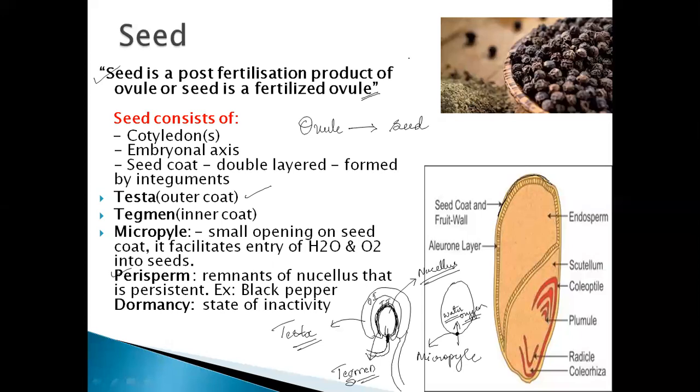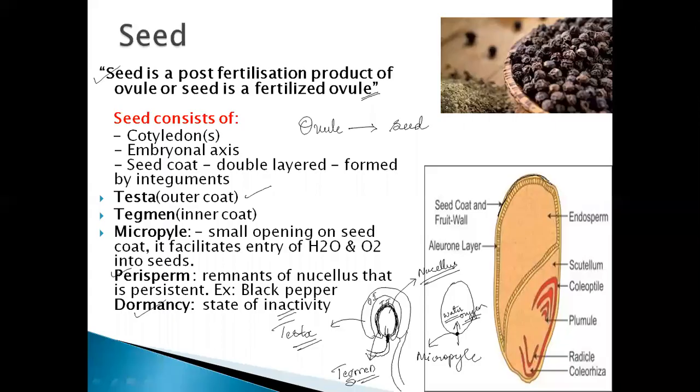It has undergone the state of inactivity because there is no proper sunlight and water for the seed to grow. That state is known as dormancy. The state of inactivity of the seed is known as dormancy.